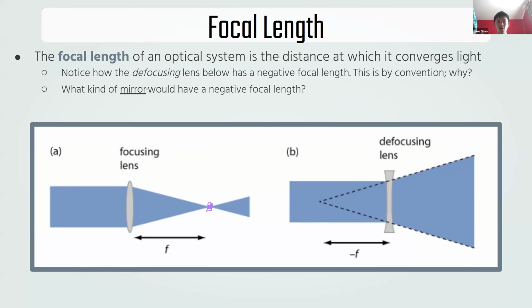So why is the focal length in this lens positive while the focal length in this lens negative?